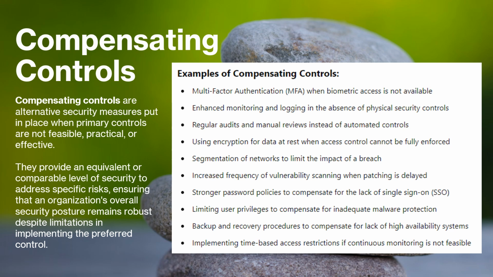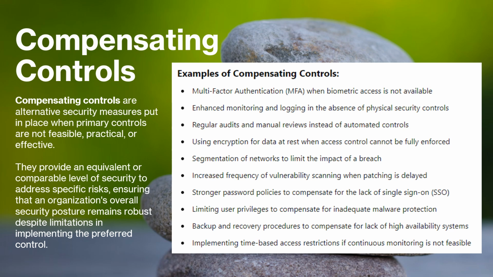Now, in a perfect world, well, there is no such thing as a perfect world, but ideally, you would not have to use a compensating control. In other words, the idea is that you don't have to use it, but it's better to have something than nothing.